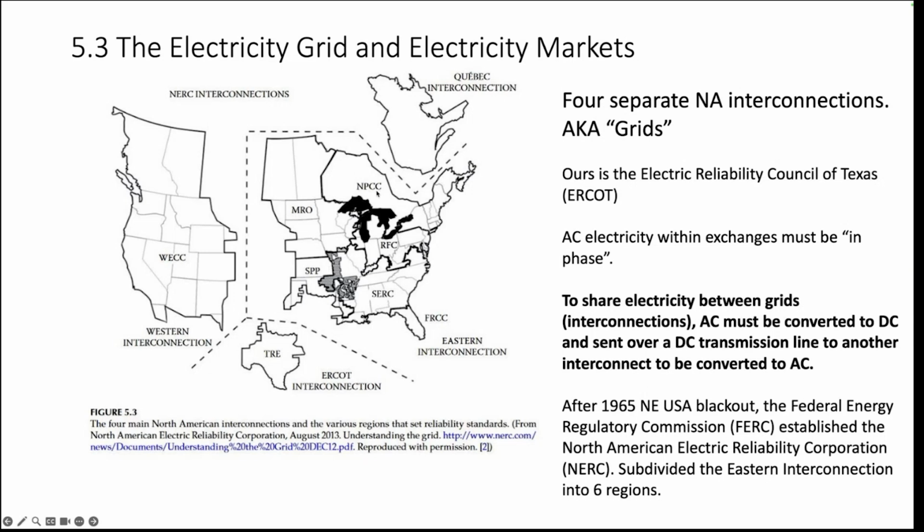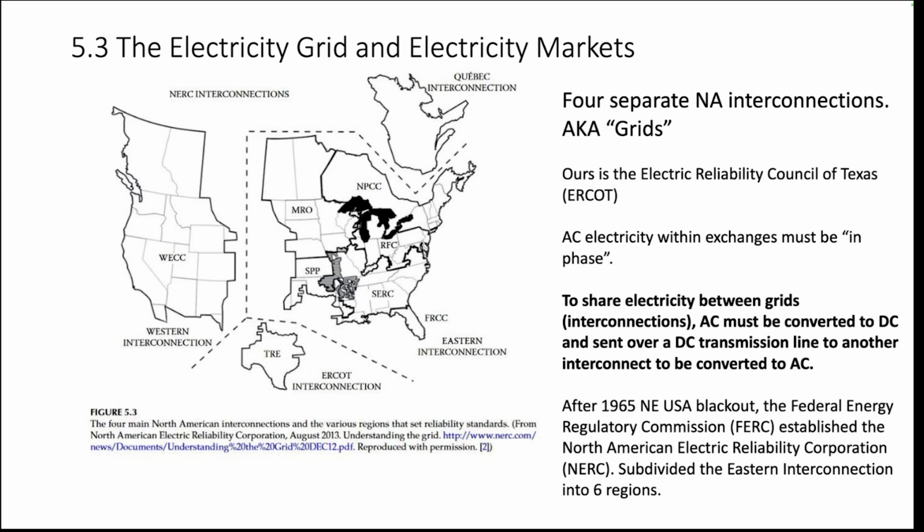So people say, well, why don't we just connect ERCOT, the Texas grid, to these other grids so that if we get into problems like we did in 2021, we can get that electricity. But the problem is that would require integrating the phase of the AC electricity in all three of them.